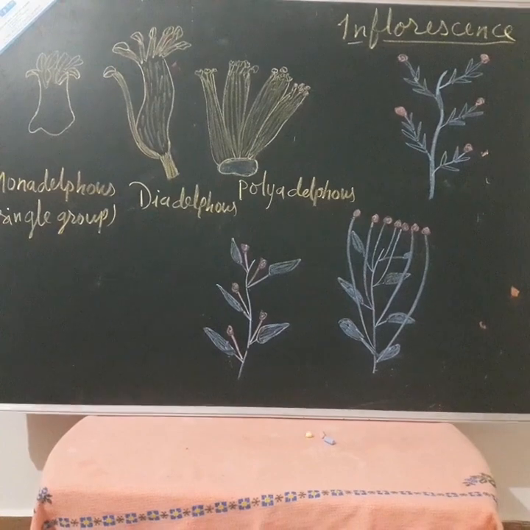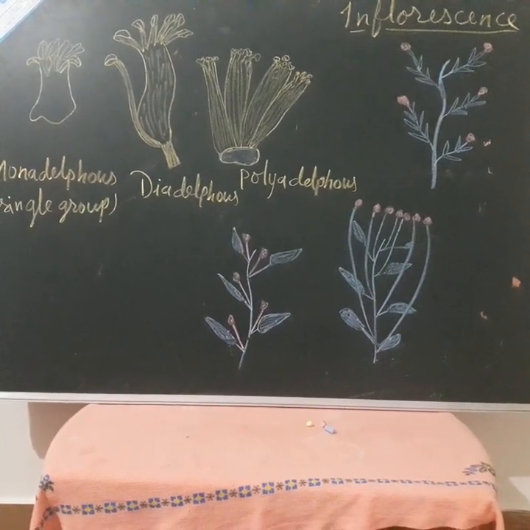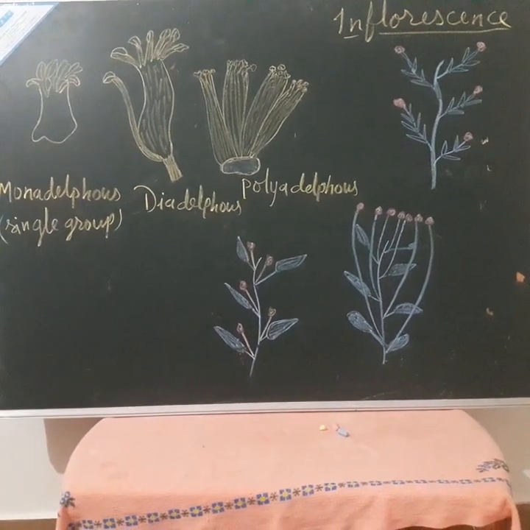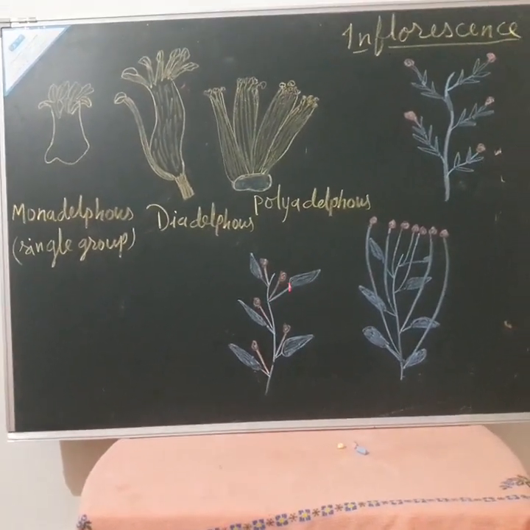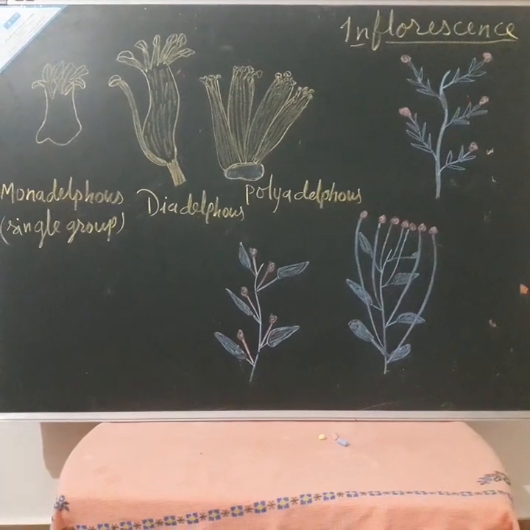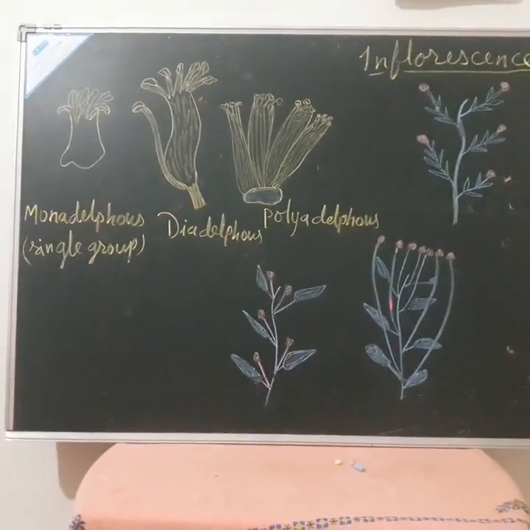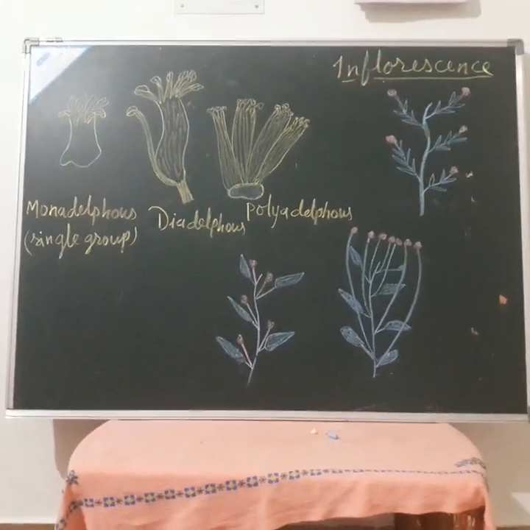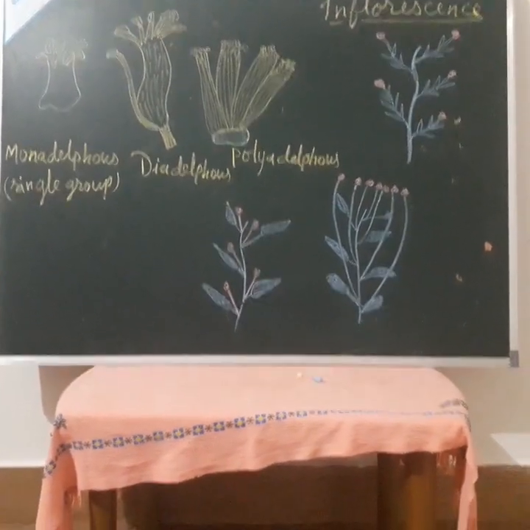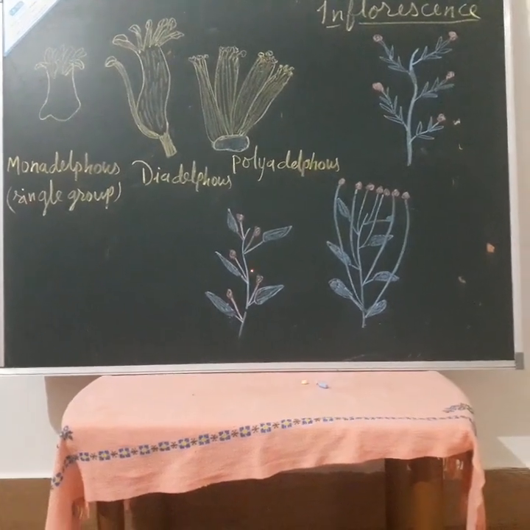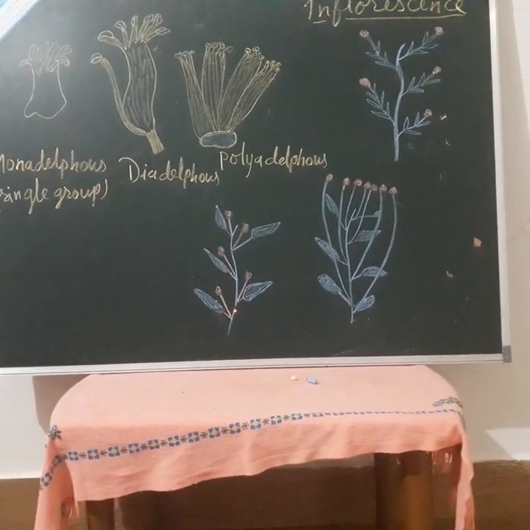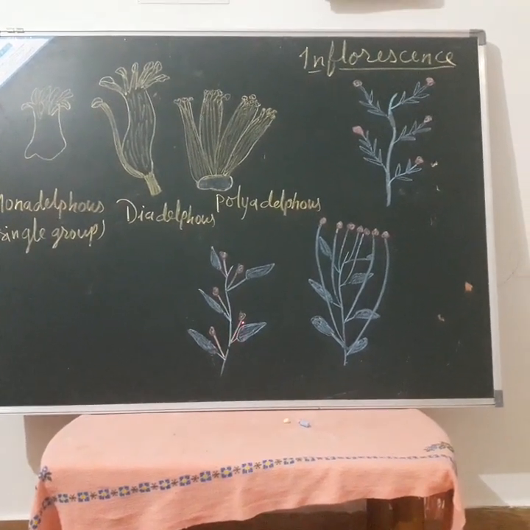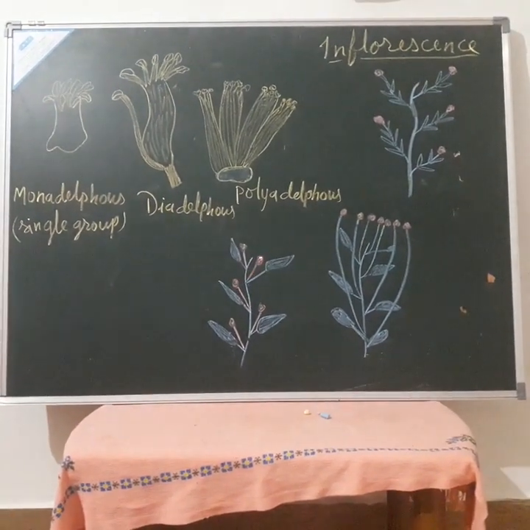Next, the flowers may be arranged in several different ways in different plants. You can see the flowers are arranged in different ways. All these arrangements are known as inflorescence. Here you can see the flowers are arising from the leaf axil.